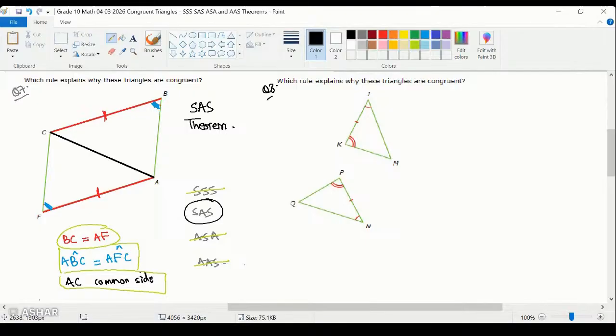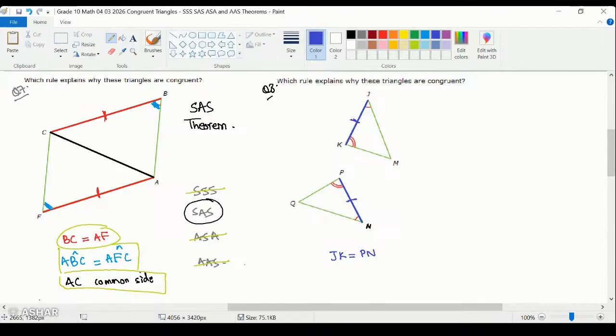What are the common sides? Do we have any common side? Yes, we do have. I'll label the common side. KJ is common to PN, right? Because they have one dash over them. So we can say JK is equal to PN in length.